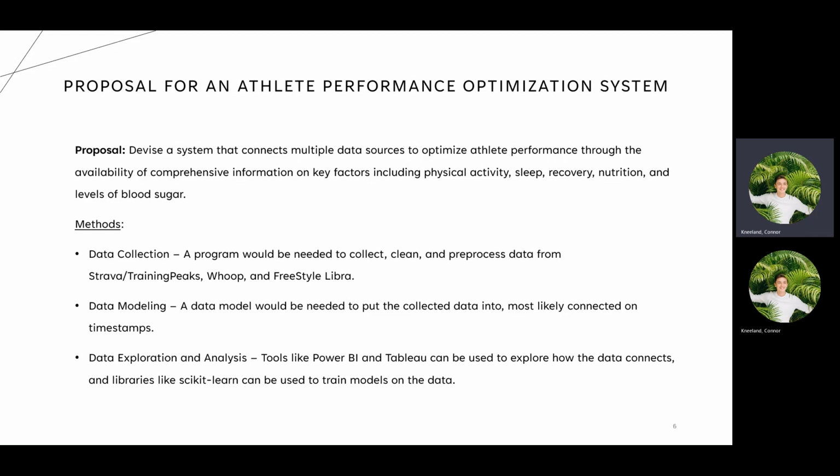Next, we would need a data model to put that collected data into, and we would most likely connect it on timestamps. That would be the main key that would hold them together. Similarly, we'd have to figure out what type of database we'd want to use for that too.